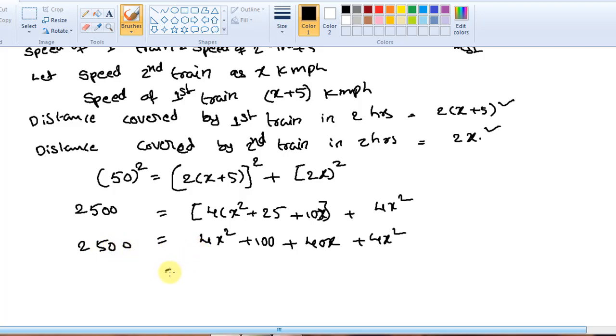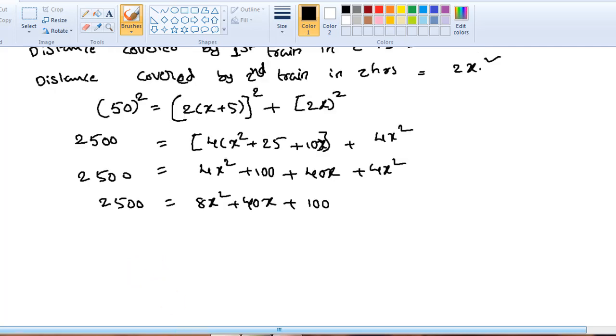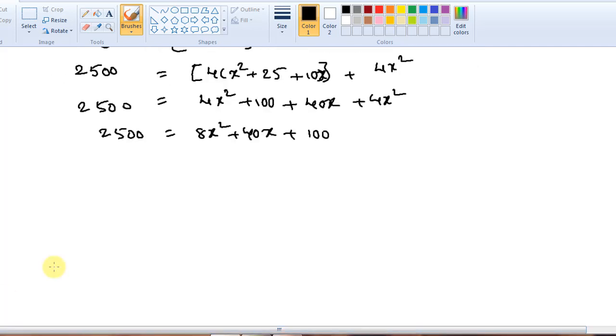On simplifying, this can be written as 8x square plus 40x plus 100 is equal to 2500. Now if you write all these terms aside, this can be written as 8x square plus 40x minus 2400 is equal to 0.